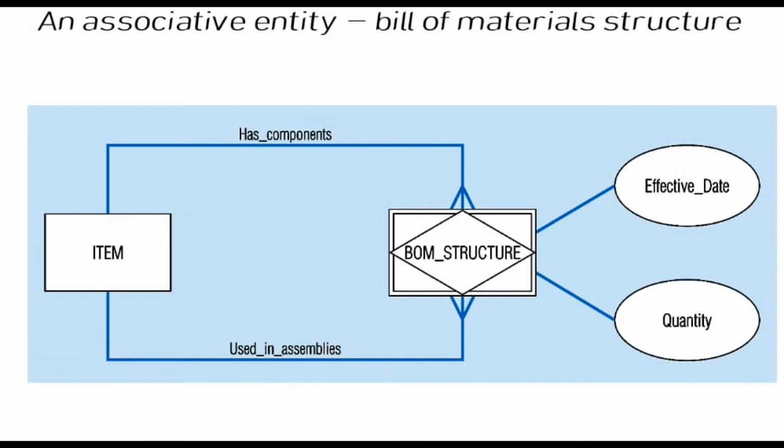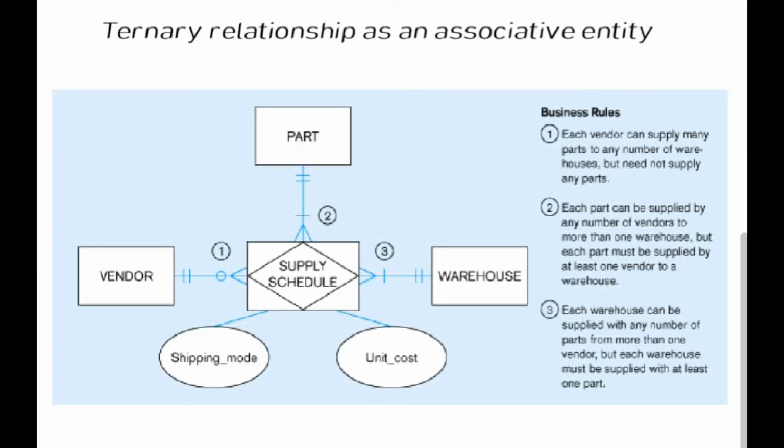The associative entity is built of this structure: you can see the rectangle which is item, the rectangle with the diamond, and the ovals, which are effective date and quantities.